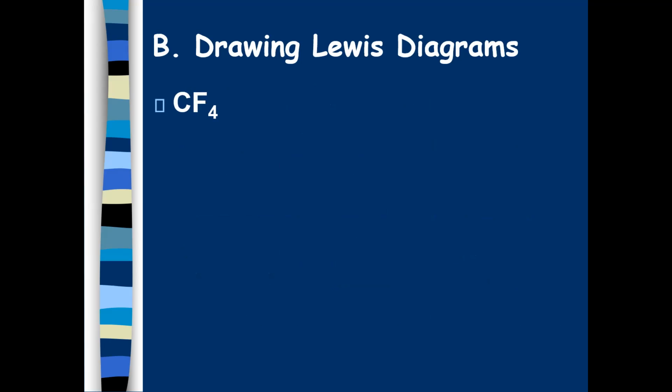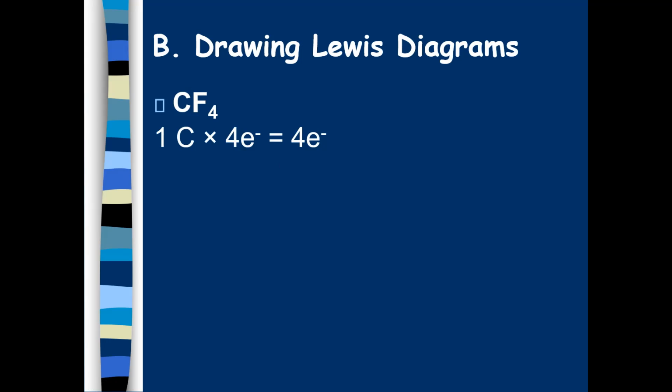Step 1 is to do the electron count. So we have 1 carbon, there's only 1 because there's no subscript afterwards. Carbon, if you look at the periodic table, has 4 electrons.